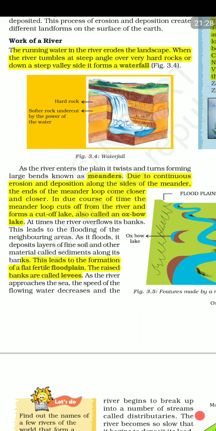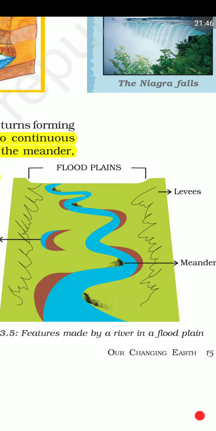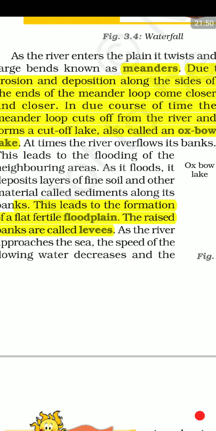This leads to the flooding of the neighboring areas. As it floods, it deposits a layer of fine soil and other material called sediments along its bank. This leads to formation of a flat fertile floodplain. The raised banks are called levees. So these are the natural embankments called levees.